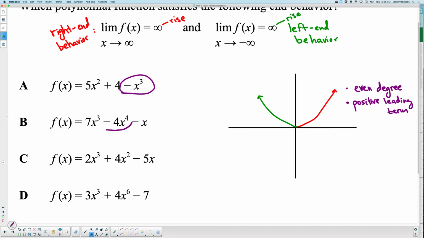Negative 4x to the fourth. Does that work? No, it's out. Okay, what's my leading term on C? 2x cubed. Does that work? No, why not? Odd degree. Okay, what about the last one? 4x to the sixth. Does that work? Yes, that's the answer. So the answer would be D here.